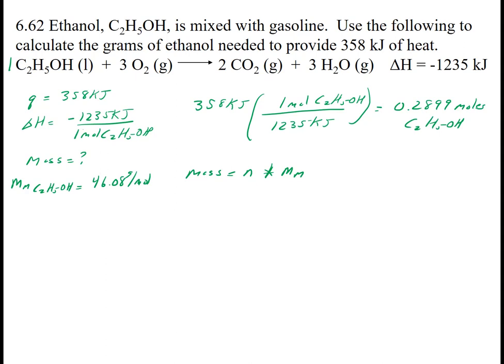Again, not showing that, but it's 2 times carbon, 5 times hydrogen, 1 oxygen, and 1 hydrogen added together. So my mass is going to be the 0.2899 times the 46.08, and that gives me 13.4 grams of C2H5OH. And that is the end of this video.